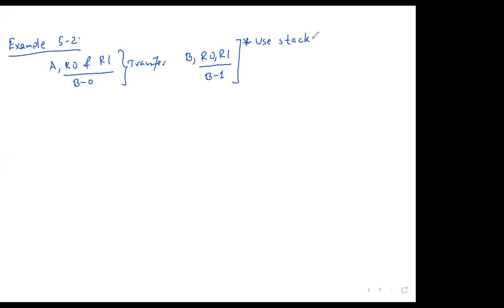So the problem statement says transfer the data that is stored in register A, R0 and R1 of bank 0 to register B, R0 and R1 of bank 1 using the stack. So let me give you the solution. After that, let me explain, then you can ask any question. Okay.